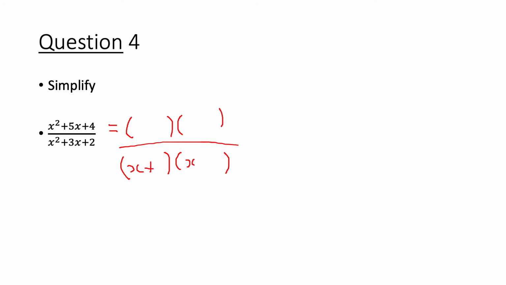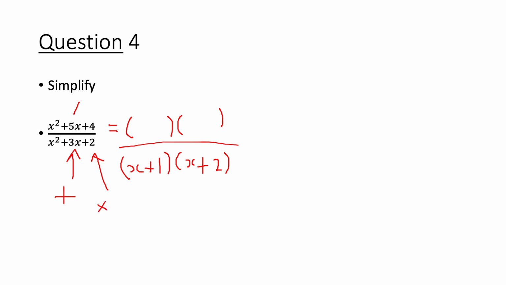So it's plus 2 and plus 1, because 2 add 1 is 3, and 2 times 1 is 2. So it's x plus 1 times x plus 2. It's 2 numbers that add to make 3 and multiply to make positive 2.